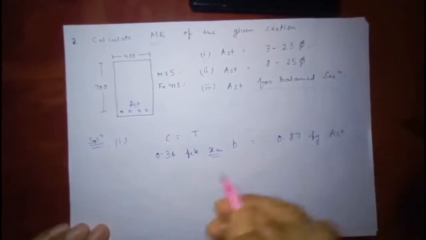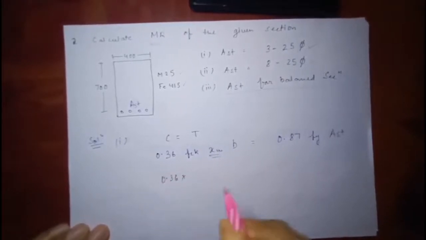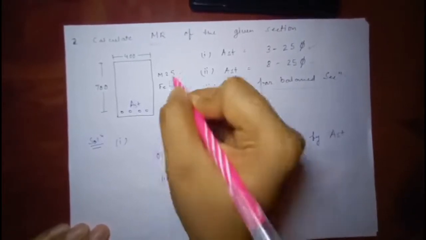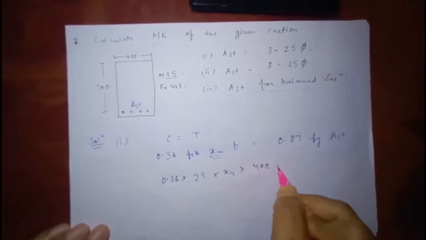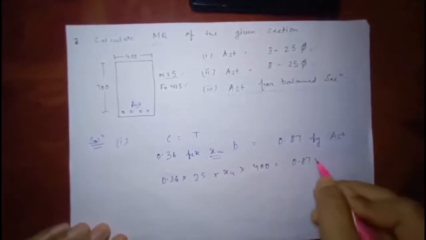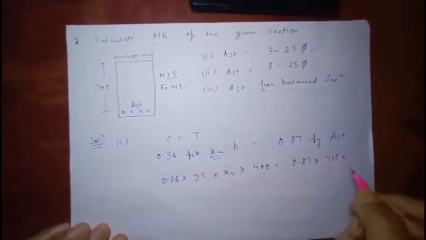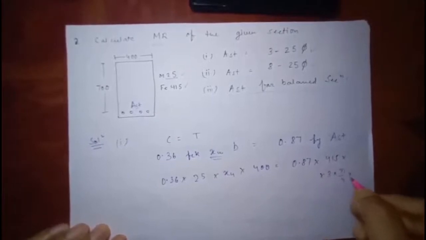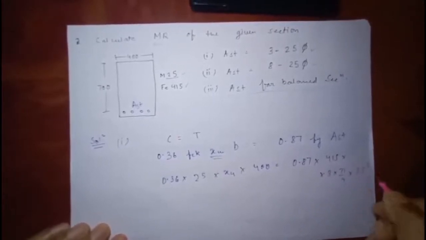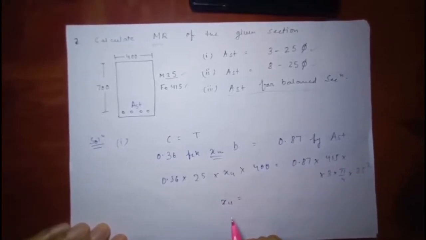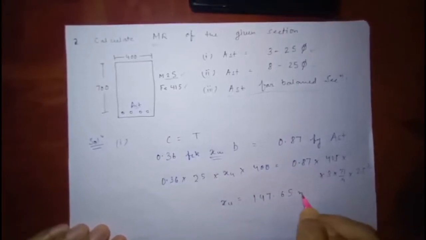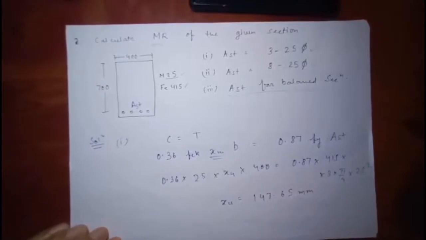So 0.36 multiplied by FCK is 25, this is the grade of concrete, multiplied by XU multiplied by breadth 400, is equal to 0.87 multiplied by Fy, 415, multiplied by AST, which is 3 times pi by 4 multiplied by 25 square, and thus I will get XU equal to 147.65 mm. So this is the XU.